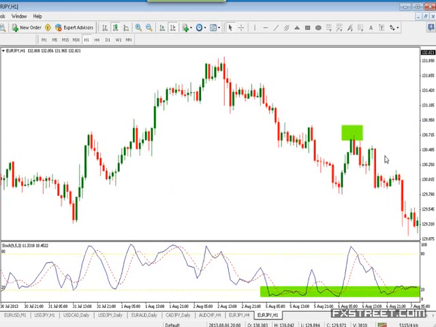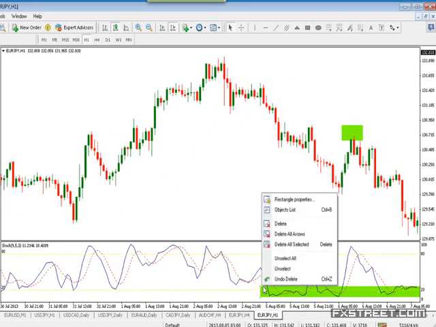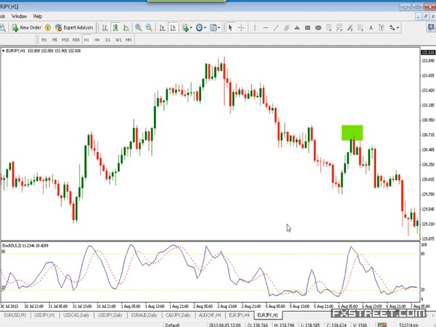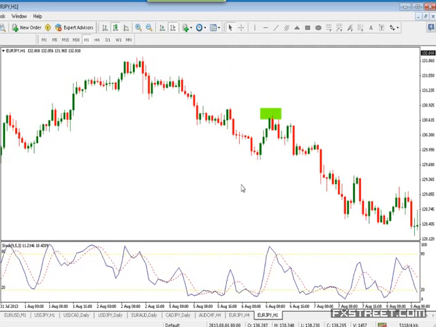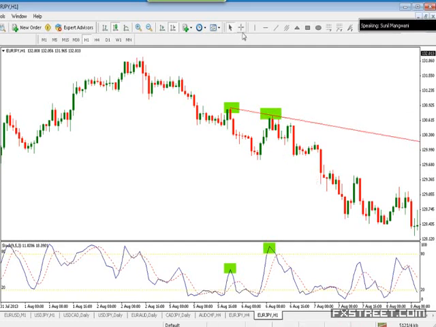But if you observe this particular pullback, and if you observe the value of the stochastic, let me just put it as the rubber band effect. Now, if you compare the peaks of the previous high of price and the peak of the previous stochastic, can we see that this has been a pullback where price has made a lower high, but your stochastic has stretched to a higher high?